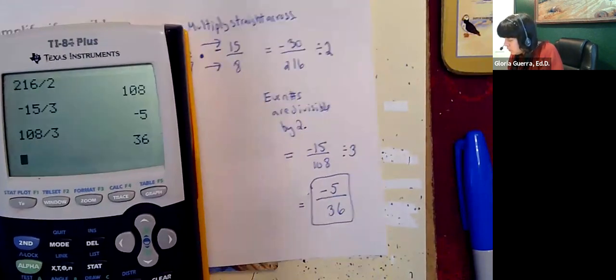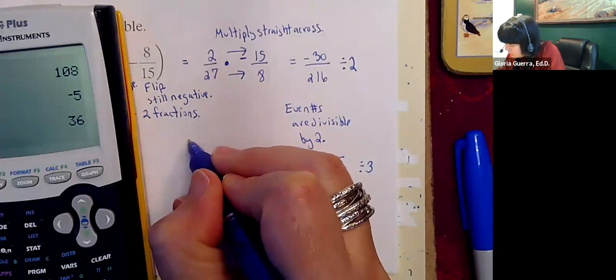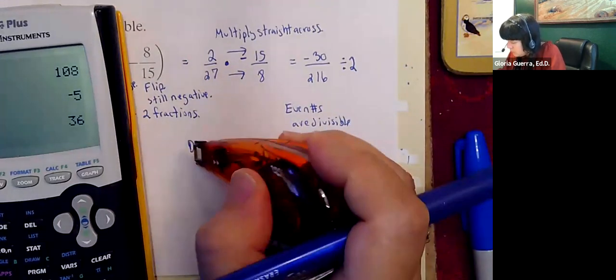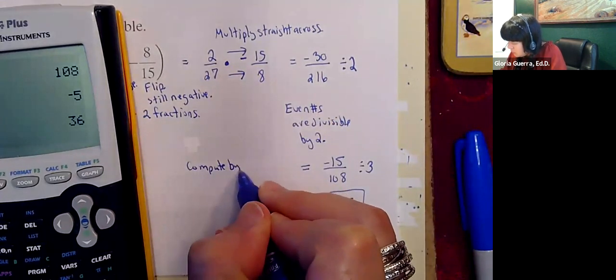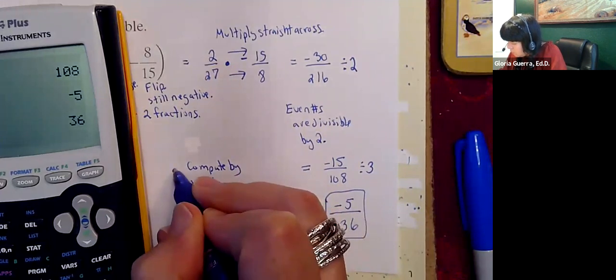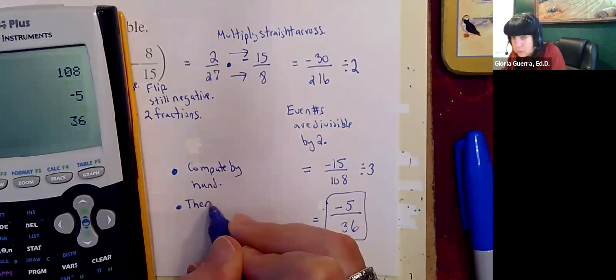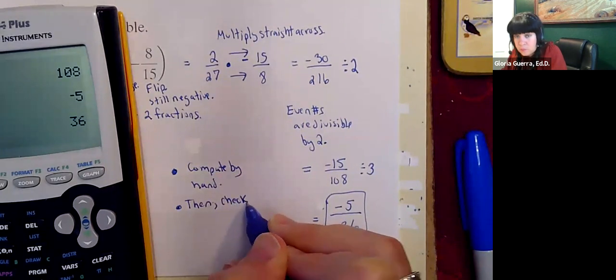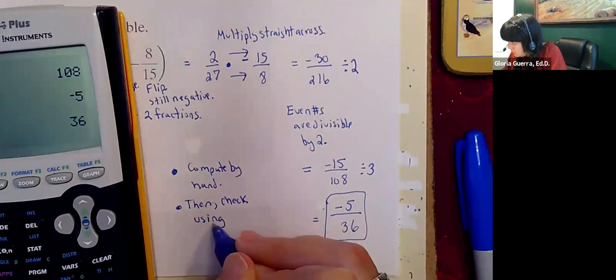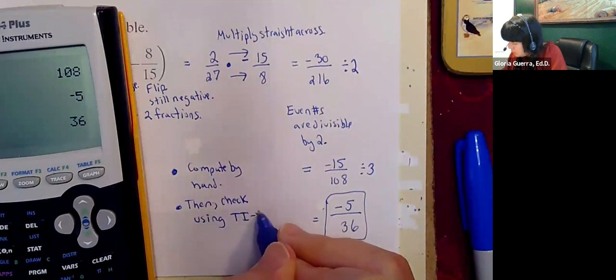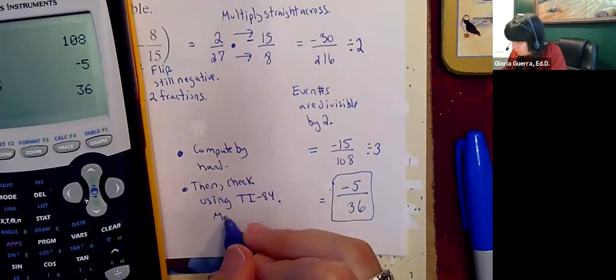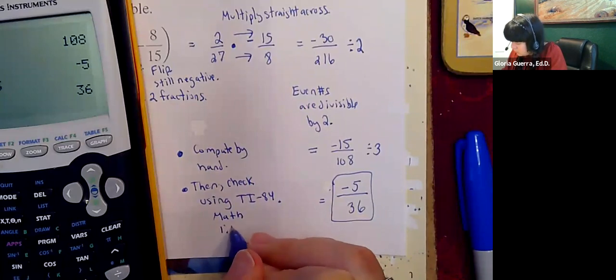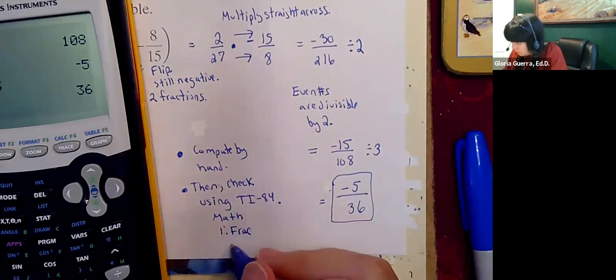And then if you're going to check, you compute by hand, and then check using the TI-84. We're talking about the math, and then the frac, and then the enter.